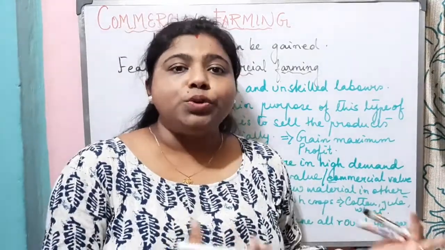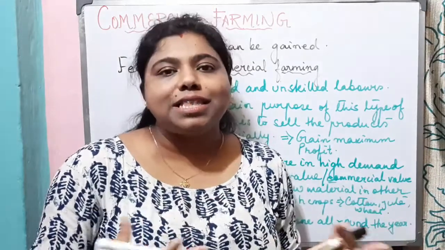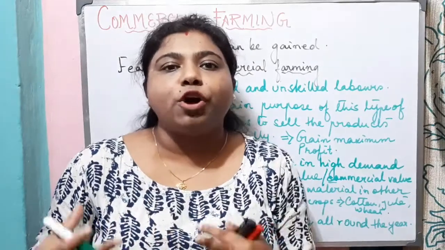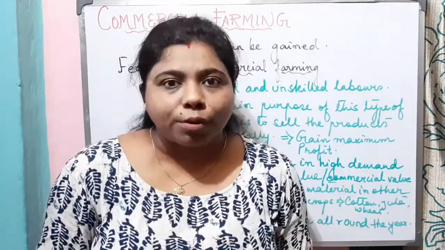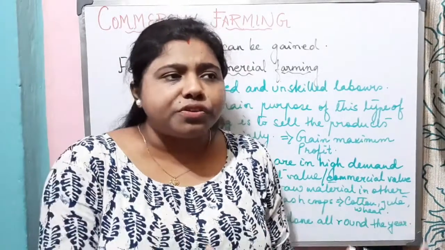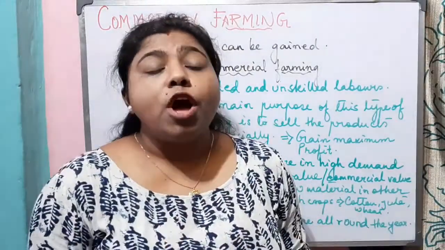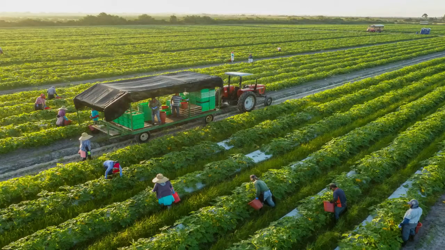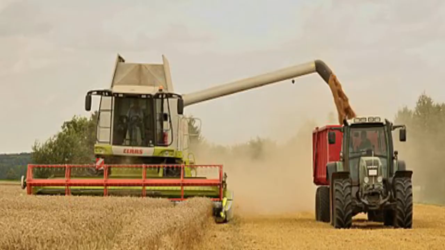So they can irrigate the land throughout the year. They can keep the farming system in operation throughout the year because they mostly depend on modern tools, techniques and machinery, and use high doses of modern inputs. It is not confined to a particular period of time. No, it can go on throughout the year.